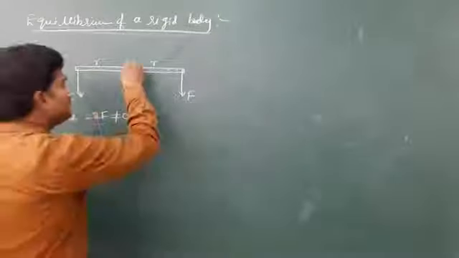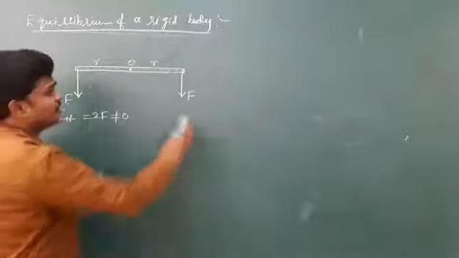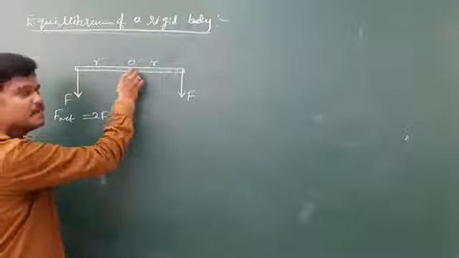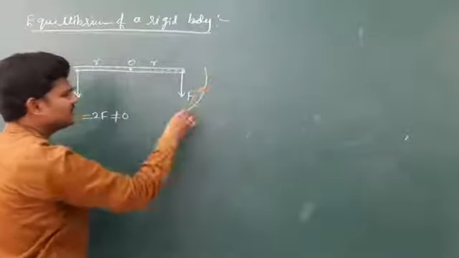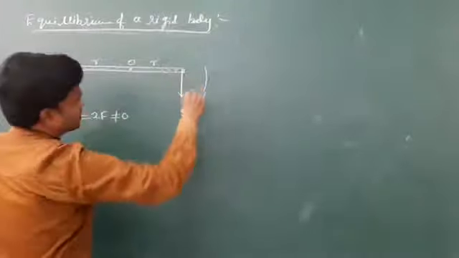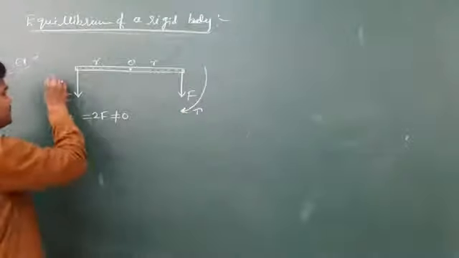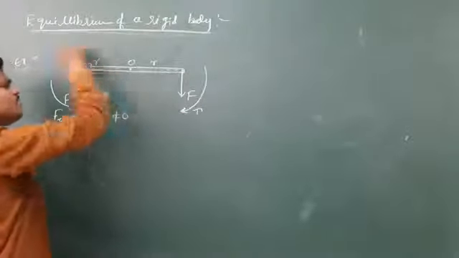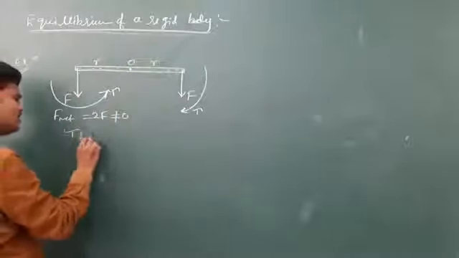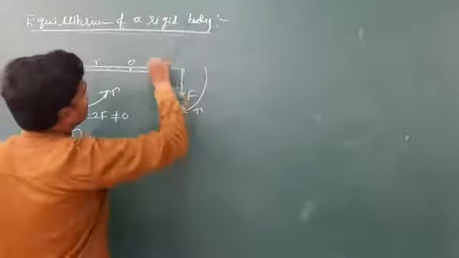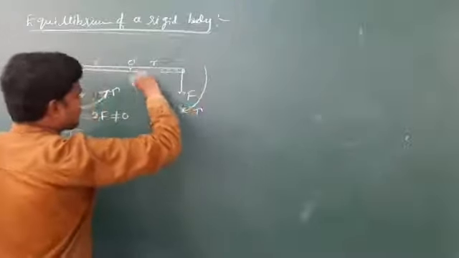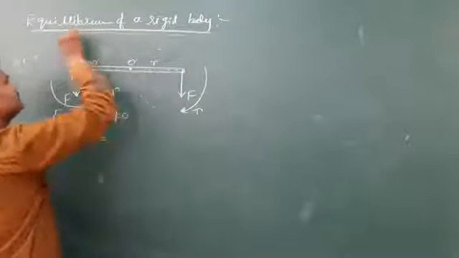If you find the net torque about this O, I just gave a hint. For this tip about O, right side is there. For this tip about O is left side. In general, if you imagine correctly, this force will create a torque in clockwise direction. This force will create a torque in anti-clockwise direction.